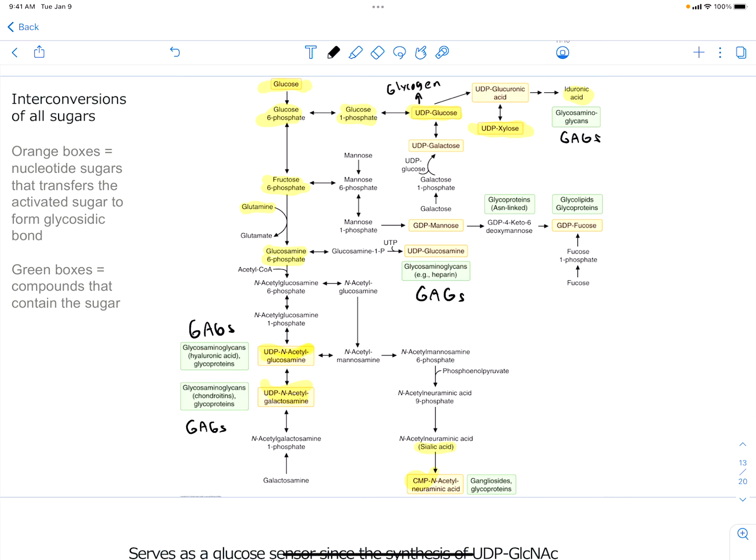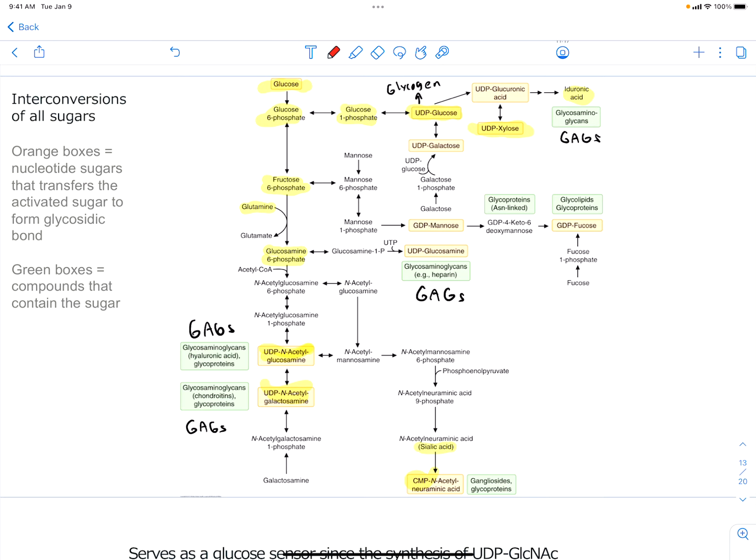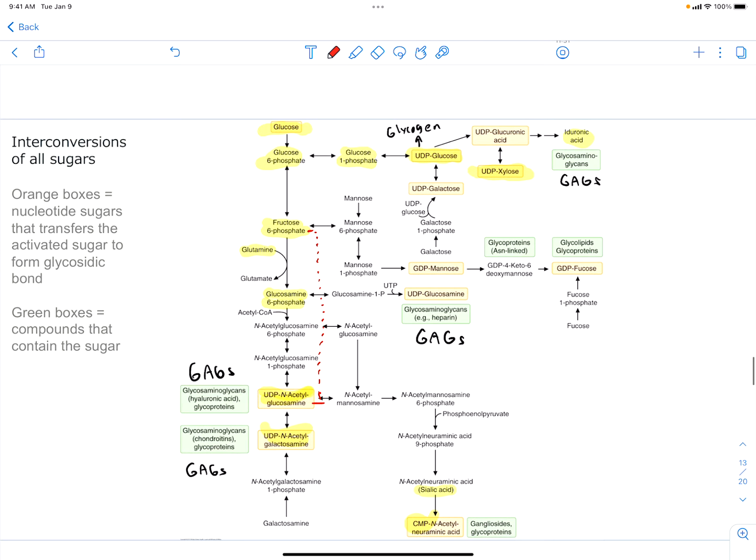Now, we have our fructose 6-phosphate all the way down to, yes, our hexosamine. This red box here is the hexosamine biosynthesis pathway.